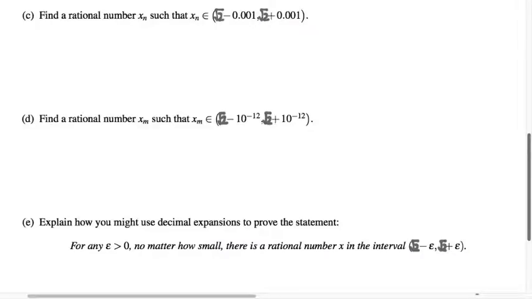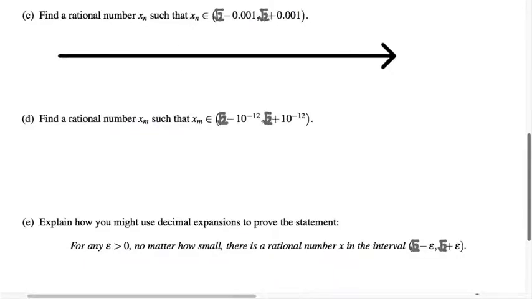So some group give me an example of a rational number that you found that was inside that interval. Okay, so here's the square root of 2 on the real number line, and here is an interval around square root of 2, and the radius of this interval is 0.001.